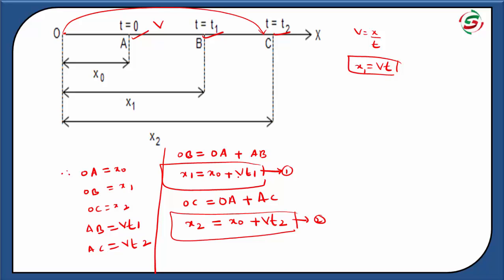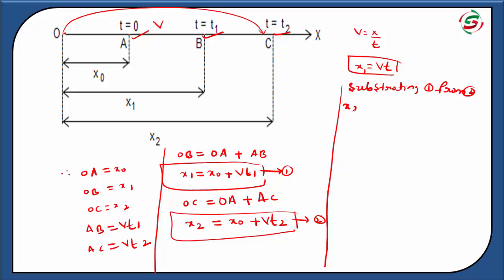x1 is equal to x0 plus V into T1, and x2 is equal to x0 plus V into T2. Now subtract these two equations, equation 1 from equation 2.